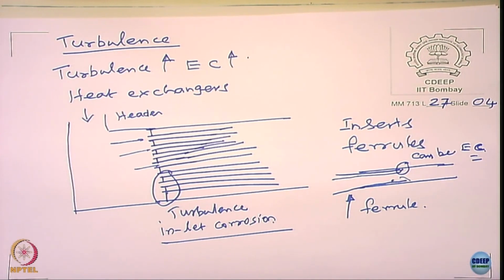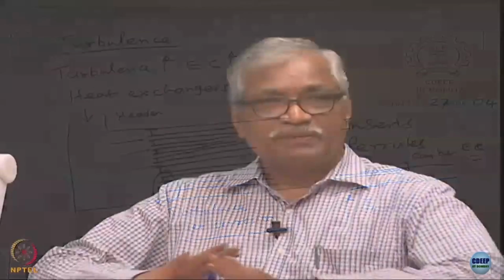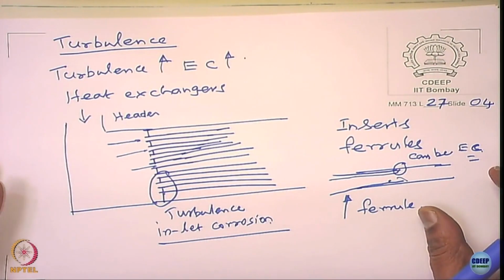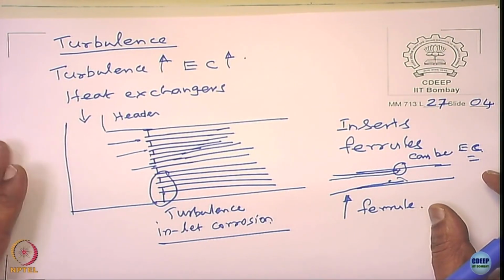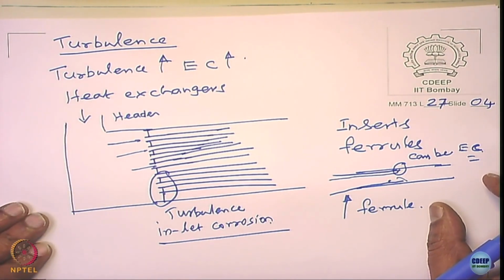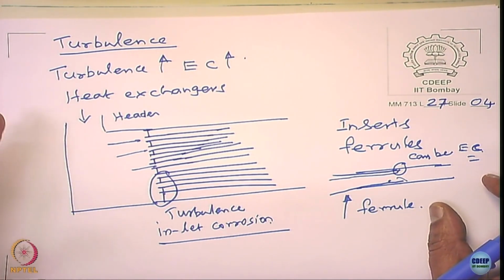So you need to smoothen it out, make it a feathery, tapering off, in order to reduce this erosion corrosion, okay. But the use of ferrules is an industrially accepted practice to minimize the inlet corrosion of heat exchangers.